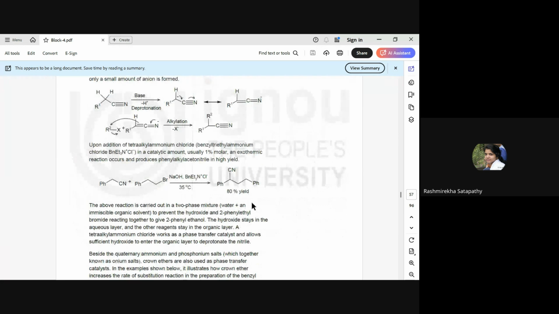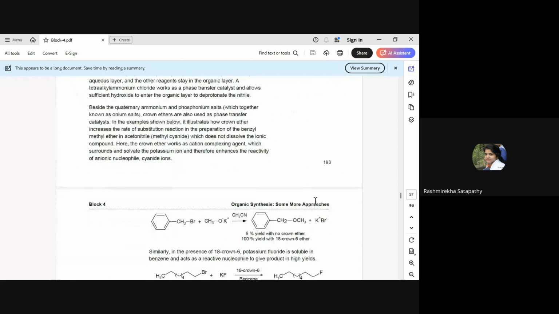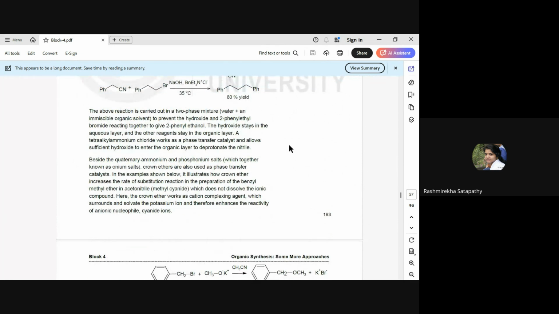Upon addition of tetraalkyl ammonium chloride in a catalytic amount, usually 1 mole percent, an exothermic reaction occurs and produces phenylalkyl acetonitrile in high yield. The above reaction is carried out in a two-phase mixture, water and an immiscible organic solvent.